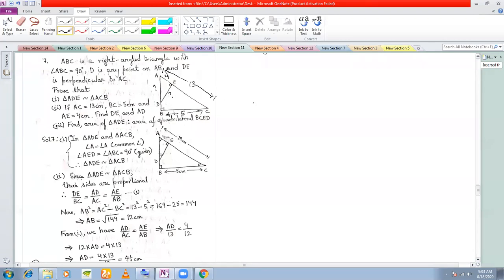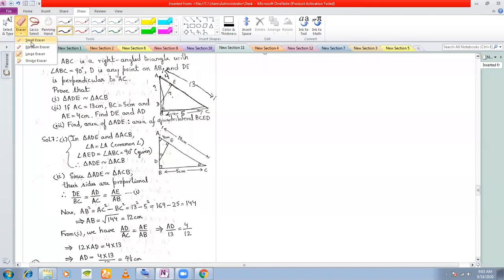So the first observation that should come to your mind here is that triangle ABC, the bigger triangle, actually forms a right angle triangle in which AC is the hypotenuse. Right? This is your hypotenuse. Okay, and this is your base, and this is your perpendicular.